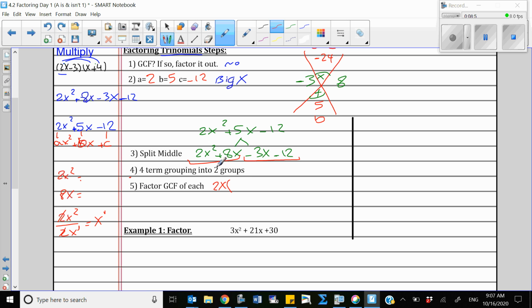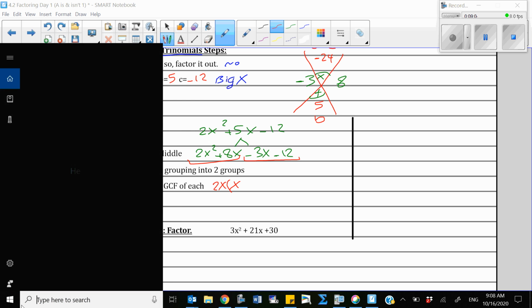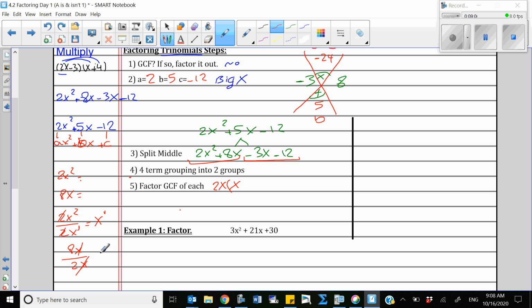Okay, so if I factor 2x out of 2x squared, I will have x left. Now factor 2x from 8x. x and x cancel each other, and 8 divided by 2 is 4. So I'm going to write positive 4 here.